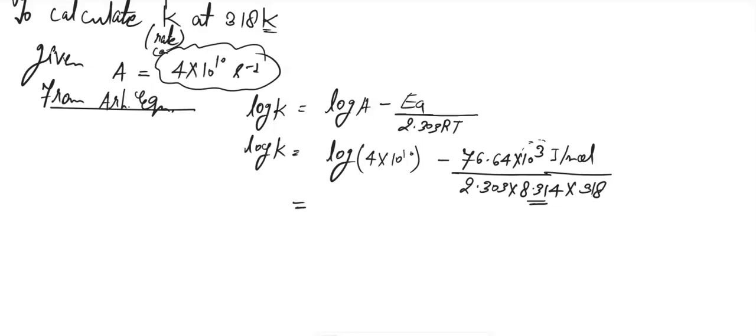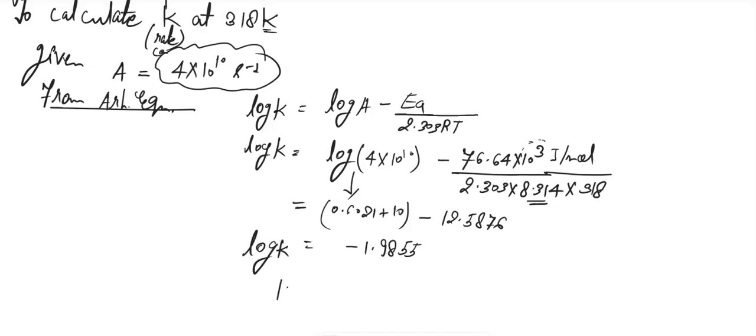You can write it as 0.6021 plus 10 minus, and this overall calculation will be equivalent to 12.5876. Whenever you solve this value, you will get minus 1.9855, so this is your log K.